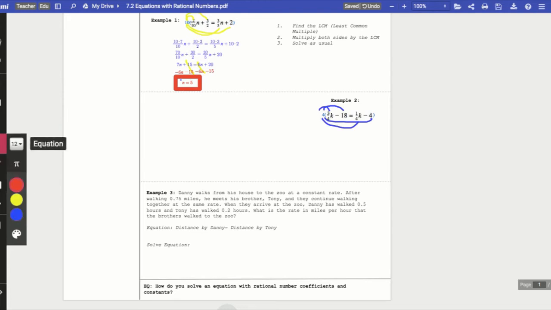And then once I do all of that multiplication, I have 4 times 3 over 4k minus 4 times, actually, this isn't even a fraction, minus 4 times 18 equals 4 times 1 over 4k minus 4 times 4.